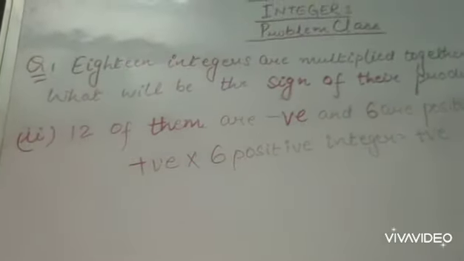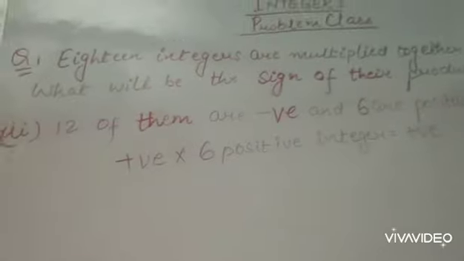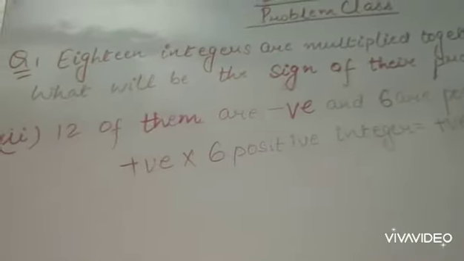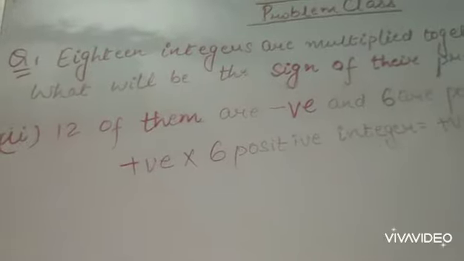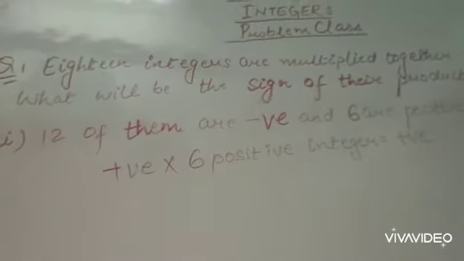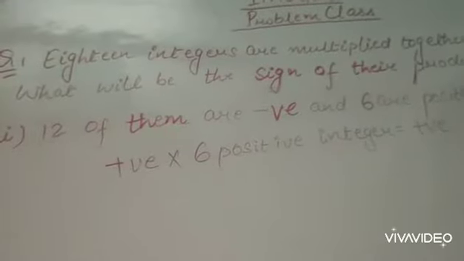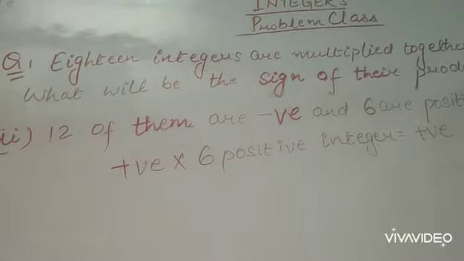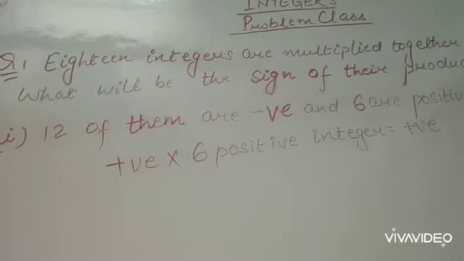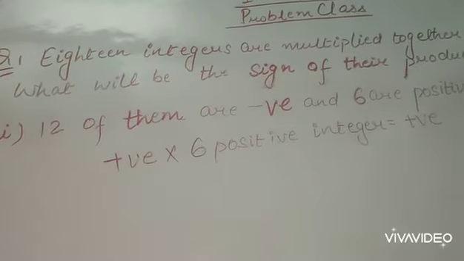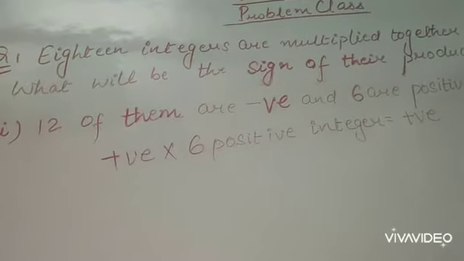Here you don't have to solve this, you just have to see what the question is asking. Don't get confused. The question says 18 integers are multiplied together. You don't have to multiply the 18 integers, you just have to tell the sign of their product after multiplying the 18 integers.